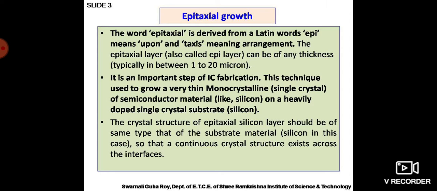As we are growing silicon over silicon, that is, the epitaxial layer is silicon and the substrate is also silicon, obviously their crystal structure is of the same type. So far as we have grown the same type of materials one over the other, a continuous crystal structure exists across the interfaces. Interfaces means the boundary line between these two regions.